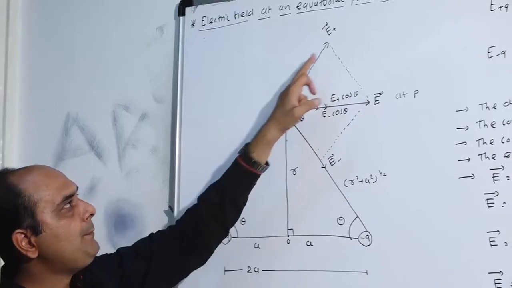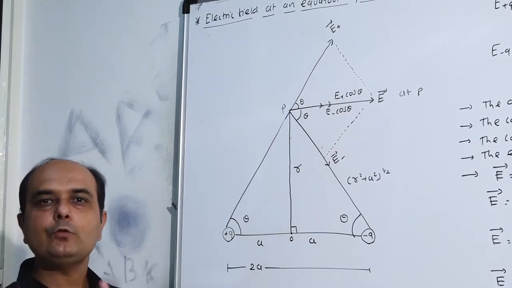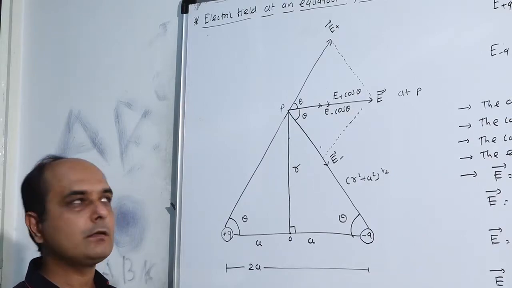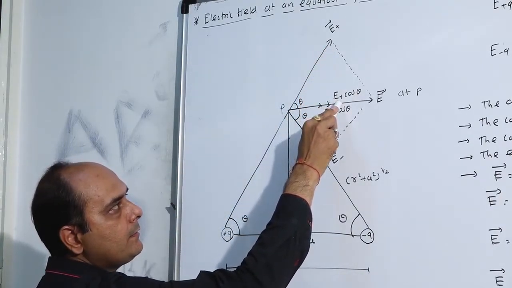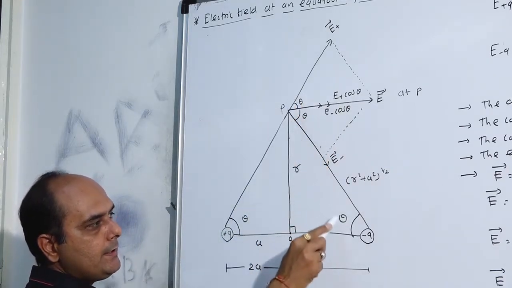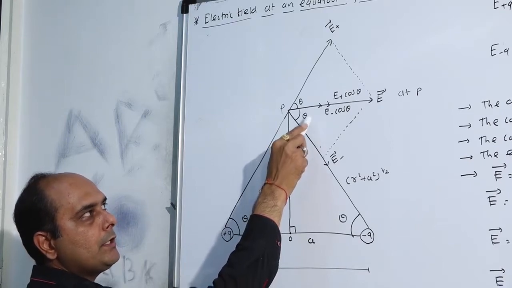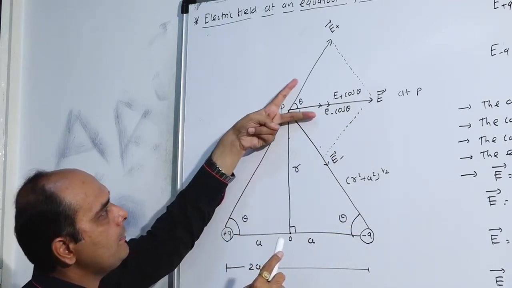Where, student, E plus can be resolved into two perpendicular components. The first component falls in this direction. See, this angle is theta, this is also theta, because they form the letter Z, and these two angles are the same angle, theta.